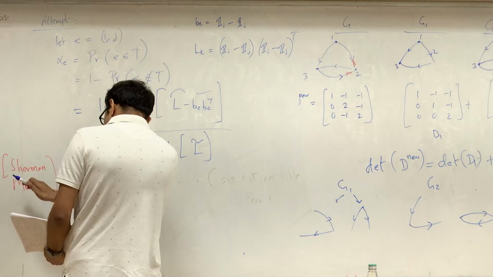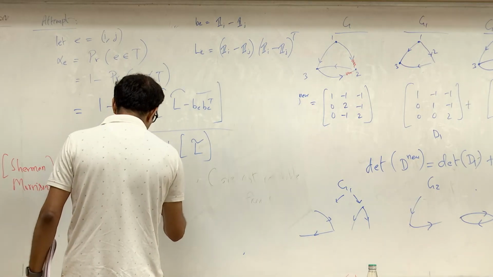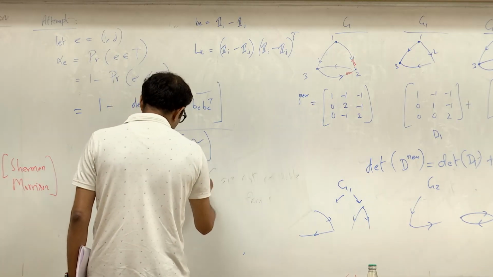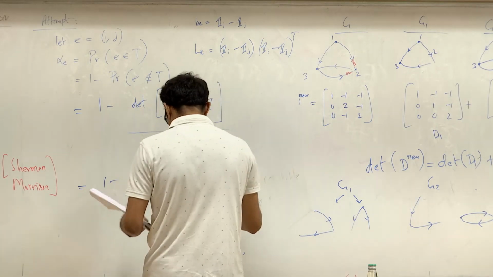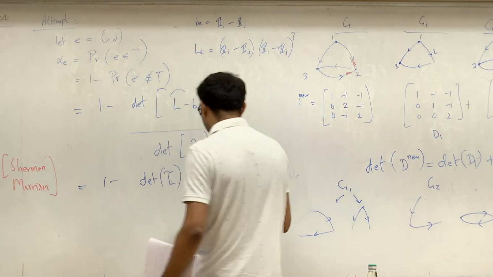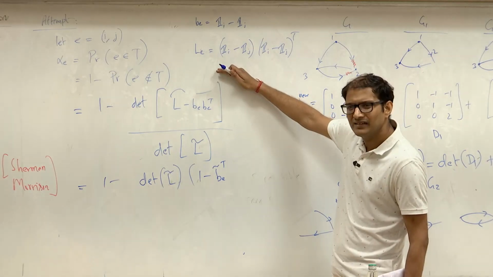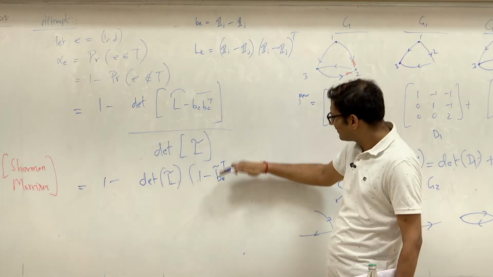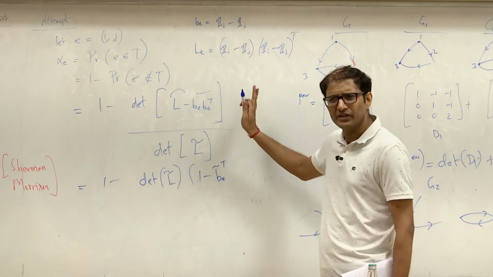As I'm saying, I have not proved the Sherman-Morrison formula yet. This is exactly equal to the determinant of L tilde times a scalar. It has to be a scalar. So what's that scalar? It's 1 minus B_E tilde, where you look at the vector B_E and you drop the ith entry, everywhere.